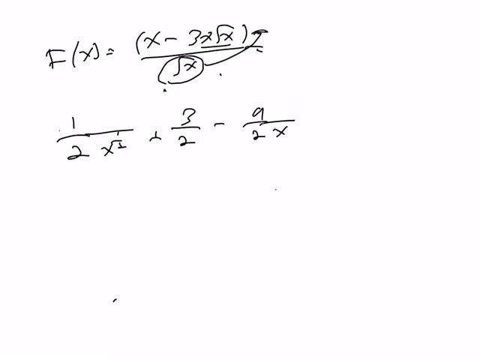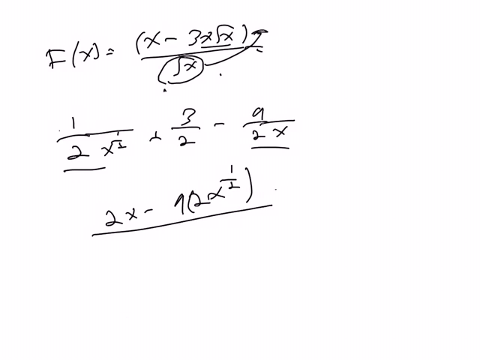So let's find the common denominator first between this and that. So this is going to give us 2x minus 9 2x to the half over, I feel like I'm going to give up soon, over 2x to the half times 2x. Okay. We can't do anything about this.